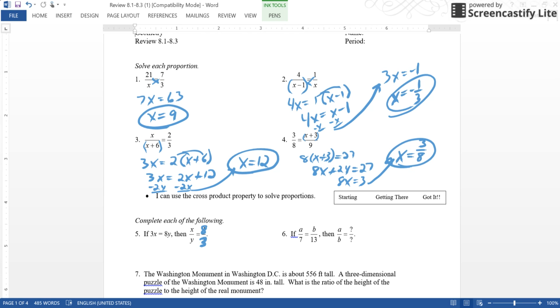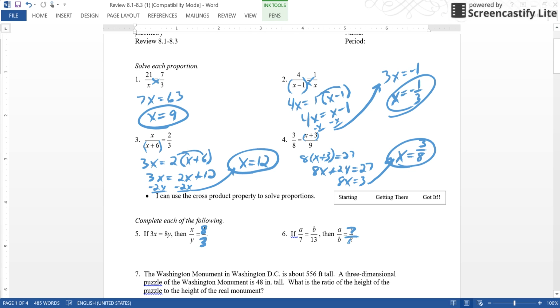Okay? If a over 7 equals b over 13, then remember how we move these. So if I want to move, a is on top, and b is going to be on the bottom. So we just have to keep that relationship.